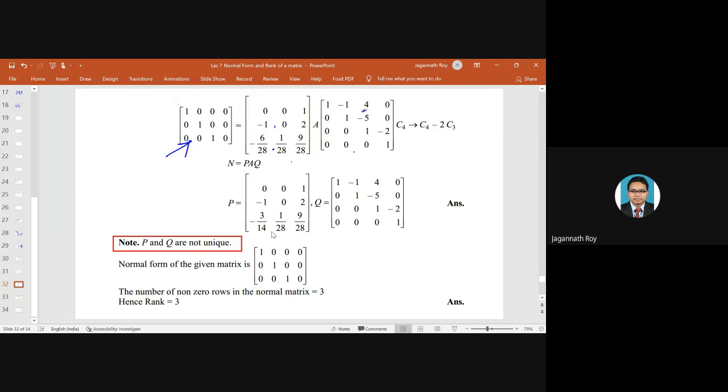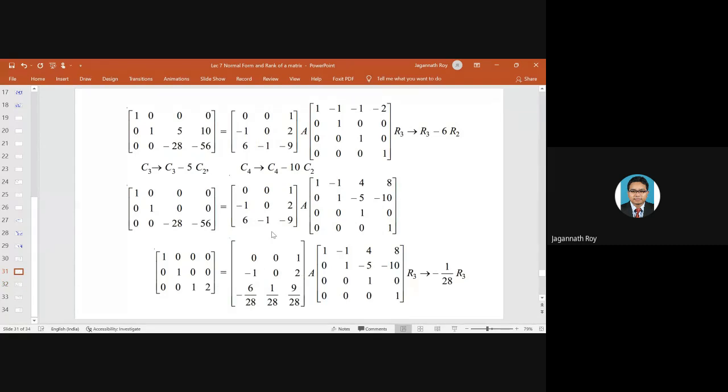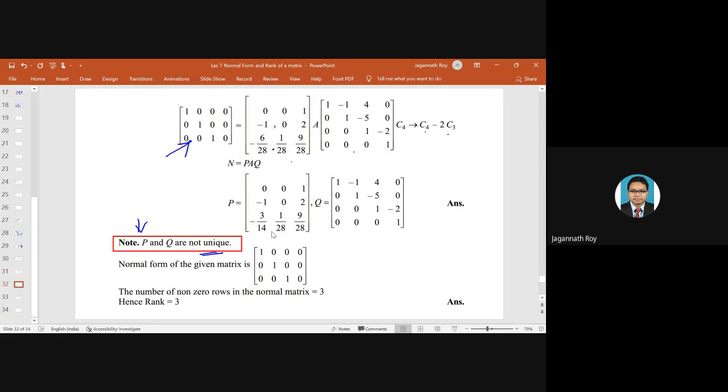Remember, this P and Q are not unique. If you do different row or column operations, because in these intermediate steps you may get different multipliers, depending on these multipliers you will get a different Q matrix or P matrix.